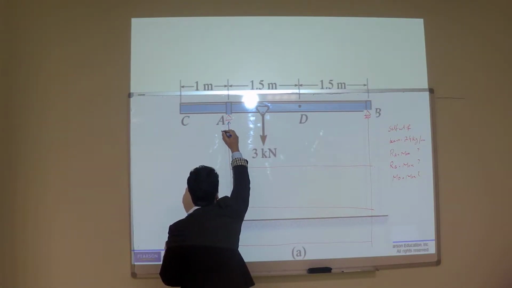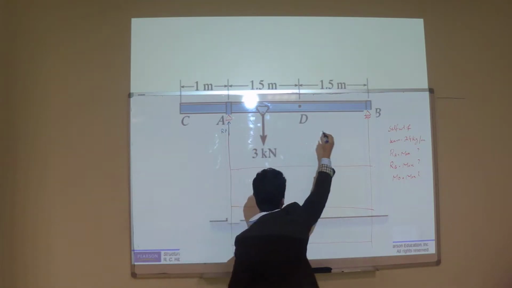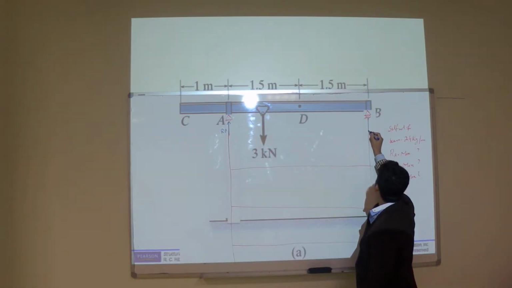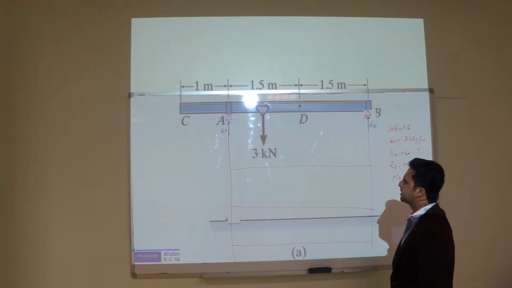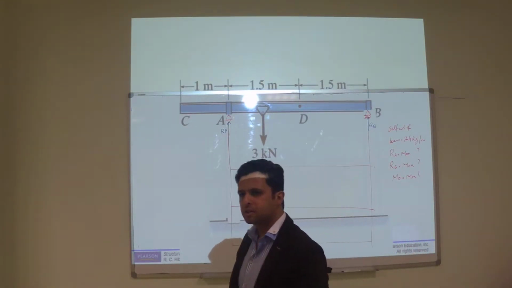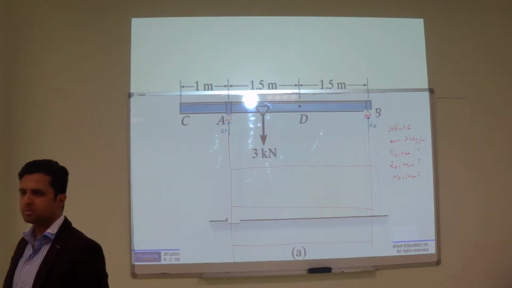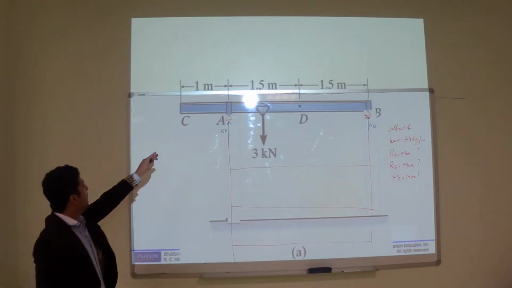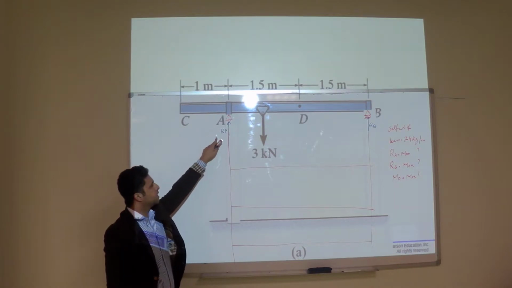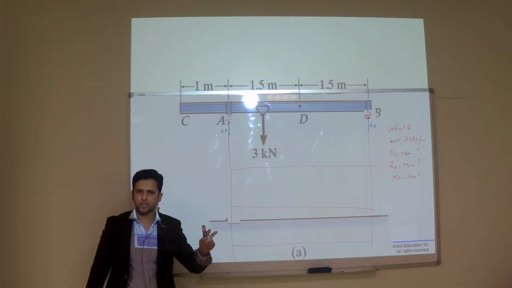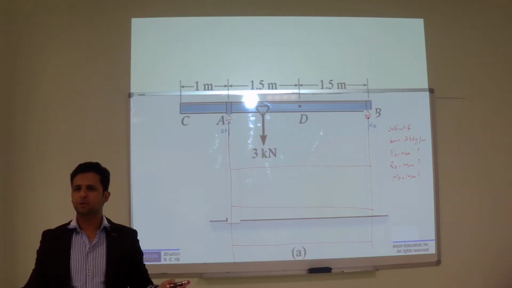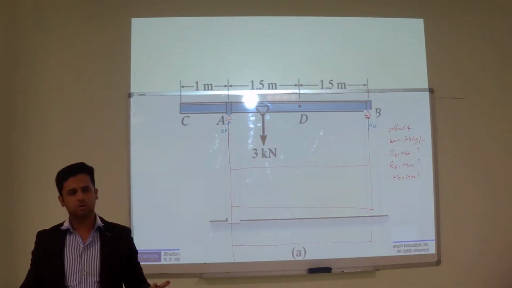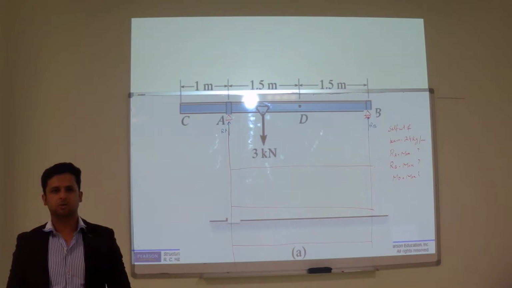You can call it RA, and you can call the reaction here as RB. Next, you can draw this influence line diagram by any way. Either put the load at this point, find out this reaction, or you can make your equation, you can make a function. So, which way you would like to consider right now?